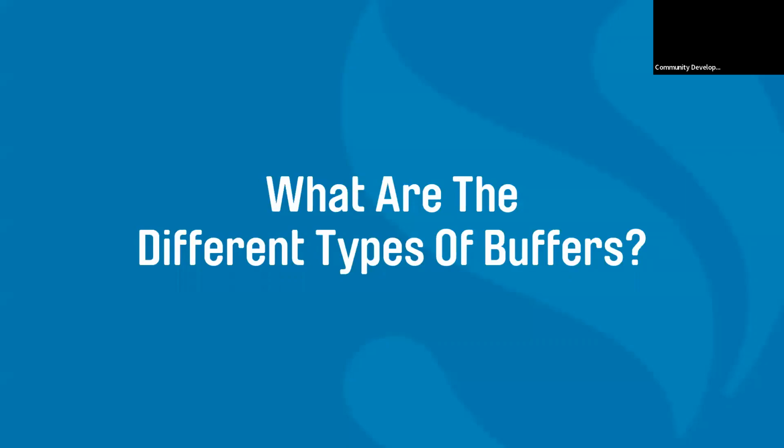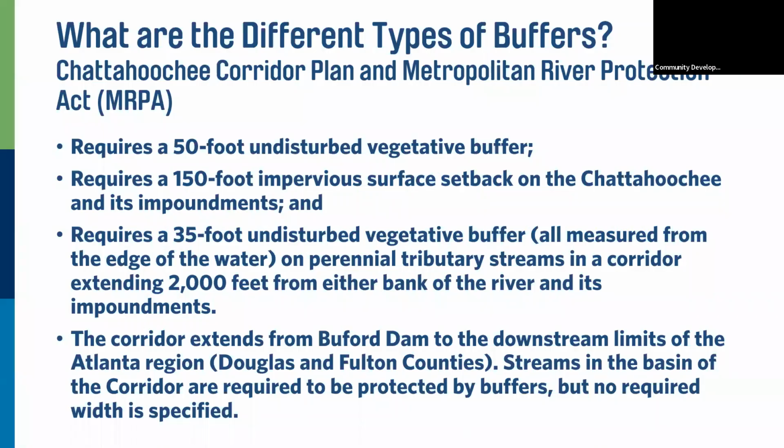So, all right, what are the different types of buffers? Like I mentioned before, we have the Chattahoochee River, and then we also have stream buffers. So in very general terms here in the Chattahoochee, you can't build within 50 feet of the vegetative buffer. Additionally, there's the 150-foot impervious surface buffer, where some minor grading and minor work is allowed, but nothing else beyond that. And then going further from that, we've got the 35-foot undisturbed vegetative buffers.